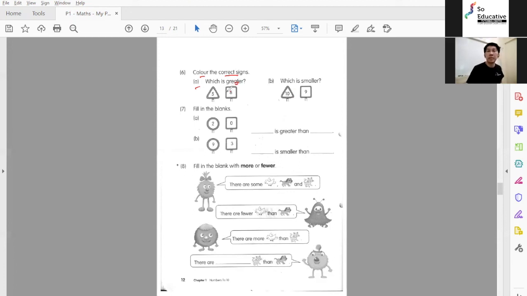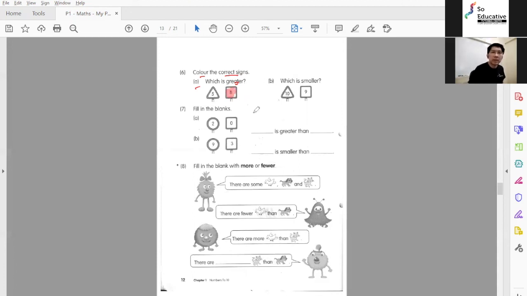The answer is 8. Therefore, we are going to color this box. Okay. Maybe I should choose another way to color that box so that it's prettier. There you go.